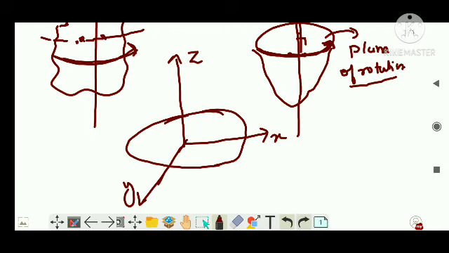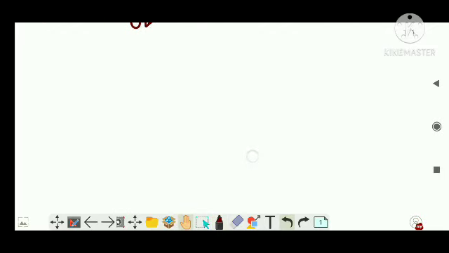So along this line, the Z axis becomes the axis of rotation, and the plane of rotation is the XY plane. Clear?